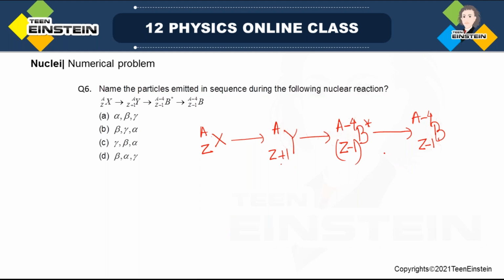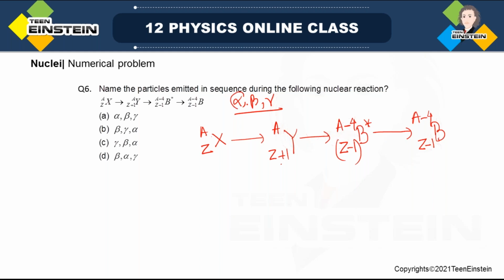See here the question, see options you can see alpha, beta, gamma. That means obviously in 3 transformations, or in the 3 steps, either alpha or beta or gamma, whatever may be the sequence, you have to find out.